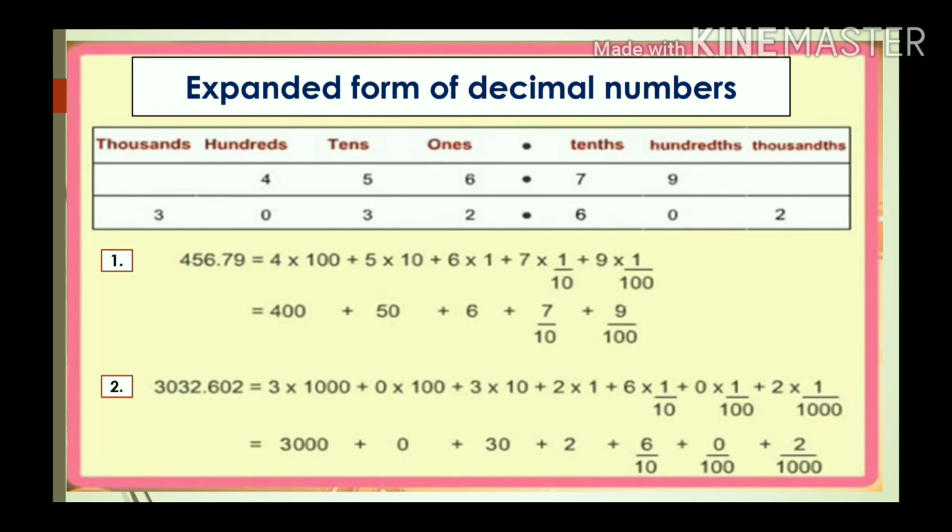Now 0 is in the place of hundredths, so we can write 0 by 100, plus 2 is in the place of thousandths, so we can write 2 by thousands.